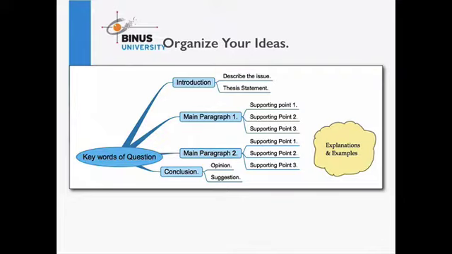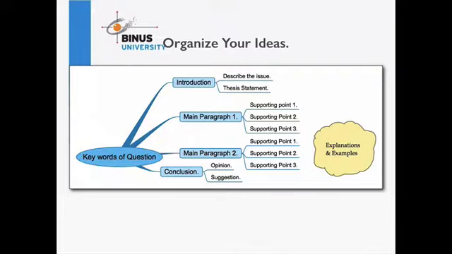You also need explanations and examples, especially if you only have 2 supporting points. You'd probably need to give more examples, more explanations to emphasize why those 2 supporting points are important. And then paragraph 4 is the conclusion. In the conclusion, you give your opinion and then close with your suggestion.